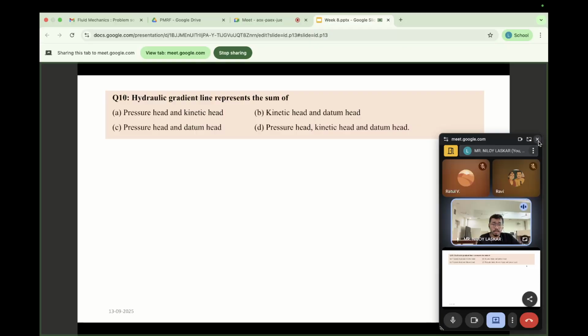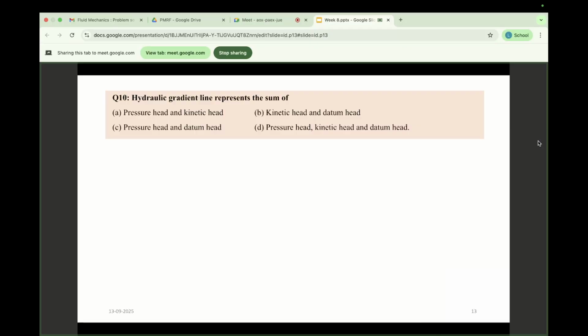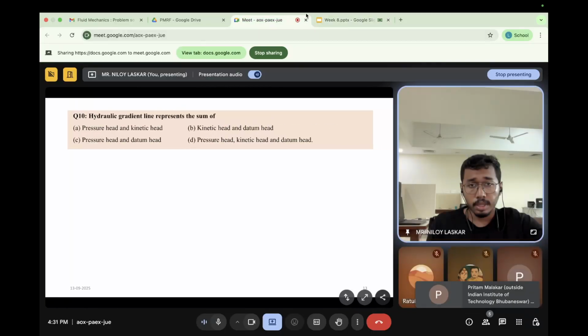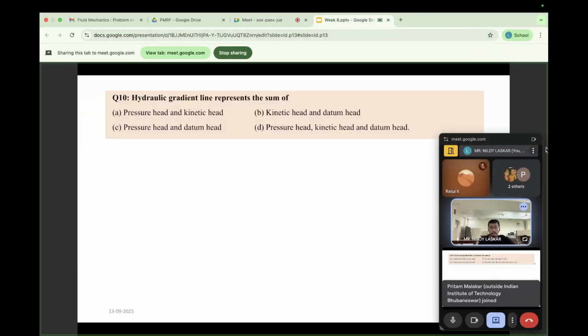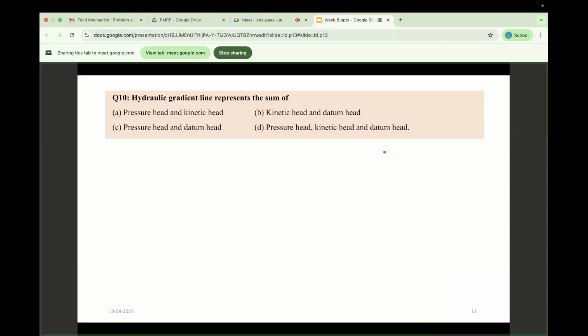Actually, this hydraulic gradient line has already been discussed in the previous class. Generally, if we talk about any pipe flow, there are basically two grade lines. One is the hydraulic gradient line, HGL, and another is the total gradient line, which we also know as the energy gradient line.